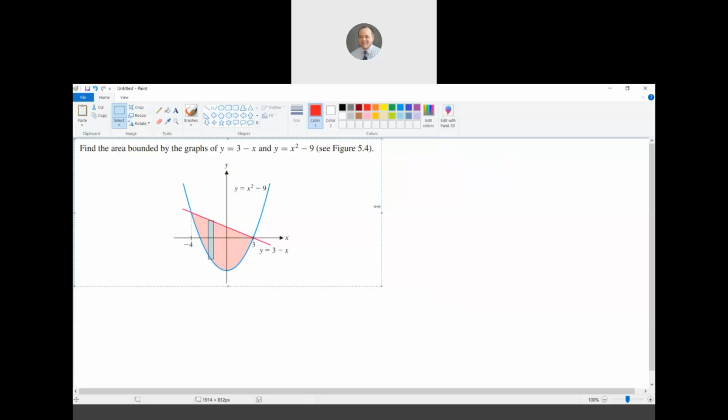Find the area bounded by the graphs of y equal to 3 minus x and y equal to x squared minus 9. Again, if a figure is not given, go on Desmos and type these in to see which one is the top curve and which is the bottom curve.